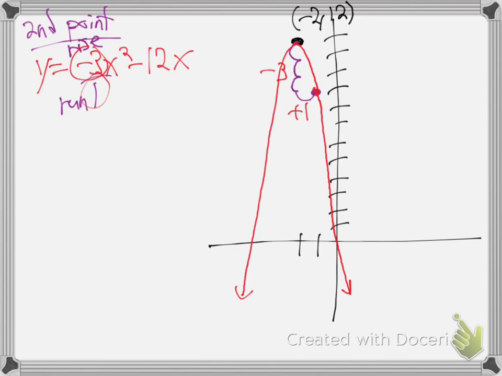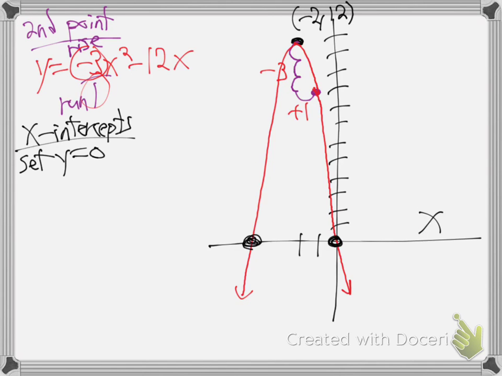Now, the next thing they want is they want us to find the x-intercepts. You can see them right here and here. I don't know if I've drawn them exactly correct, but there they are. That's where the graph hits the x-axis. How do you find x-intercepts? You set y to 0. You getting the hang of this?